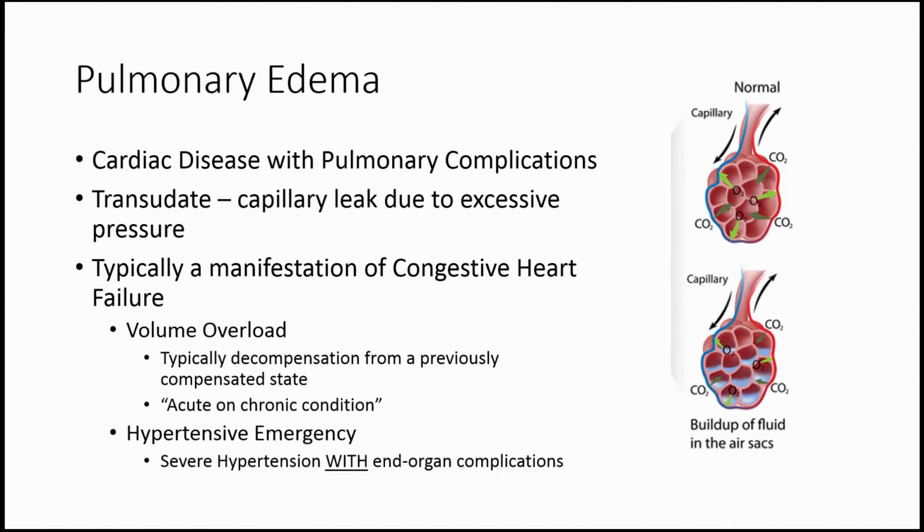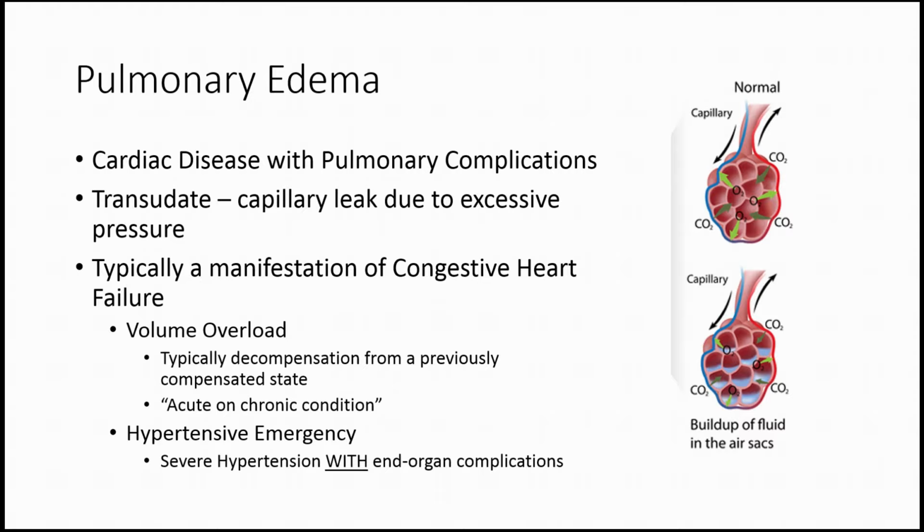And I end up with a transudate. It's excessive pressure that causes that fluid to leak out. It's a thin fluid. I can fix that by increasing the pressure inside the alveoli and pushing it back over if I need to, or by reducing the pressure, and then it will gradually make its way over on its own, okay? Typically, this is a manifestation of congestive heart failure.